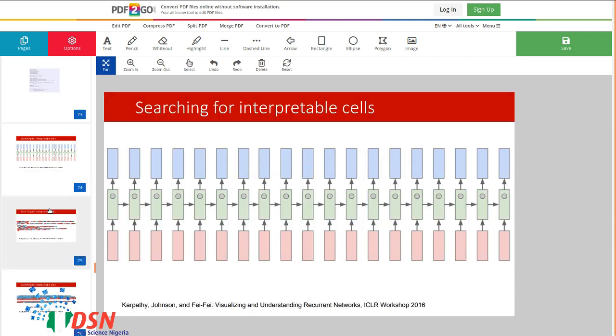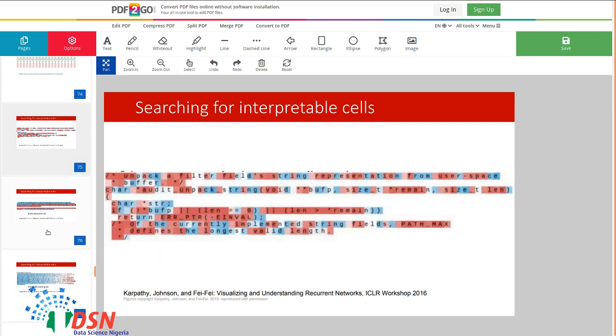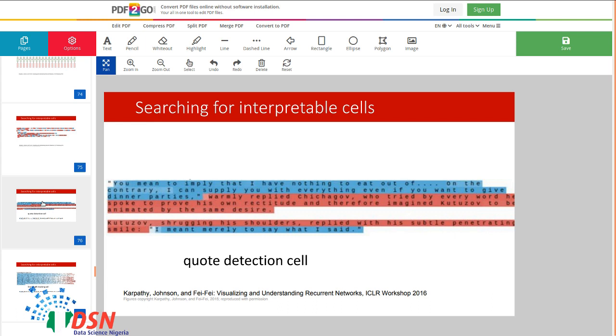To visualize the cells and how the cells work, there are also some researchers, for example, in code detection. These are the cell activities. So for example, for code detection, we could see that when we have the code, the RNN is very active in these regions, okay, because it is a code detection task.